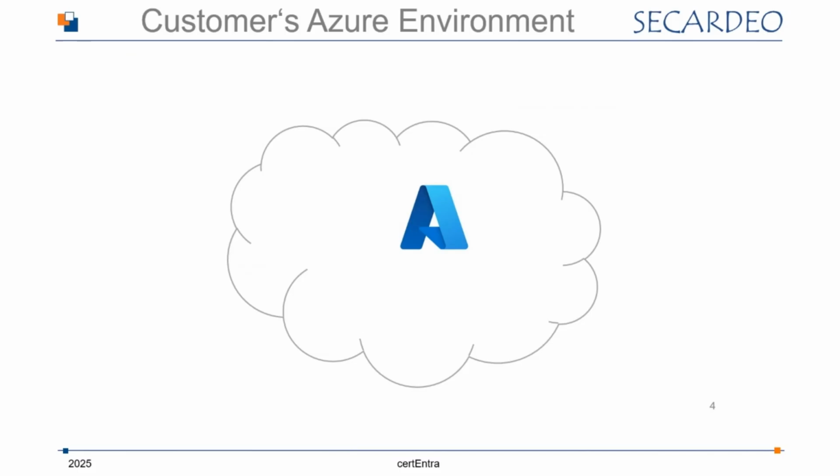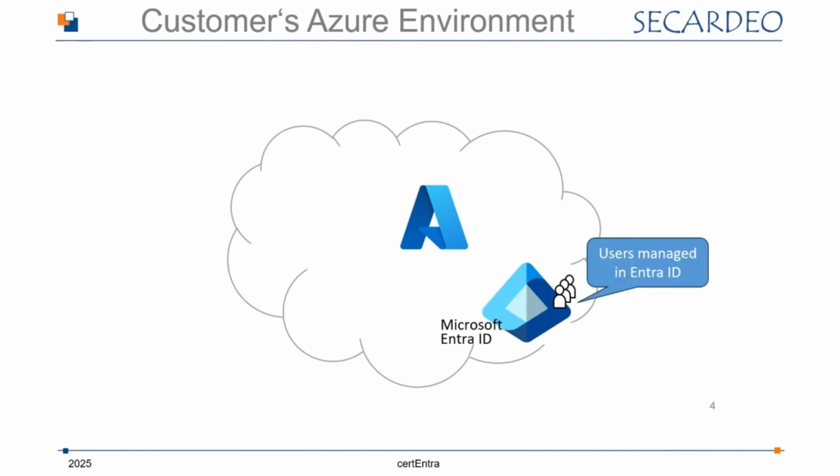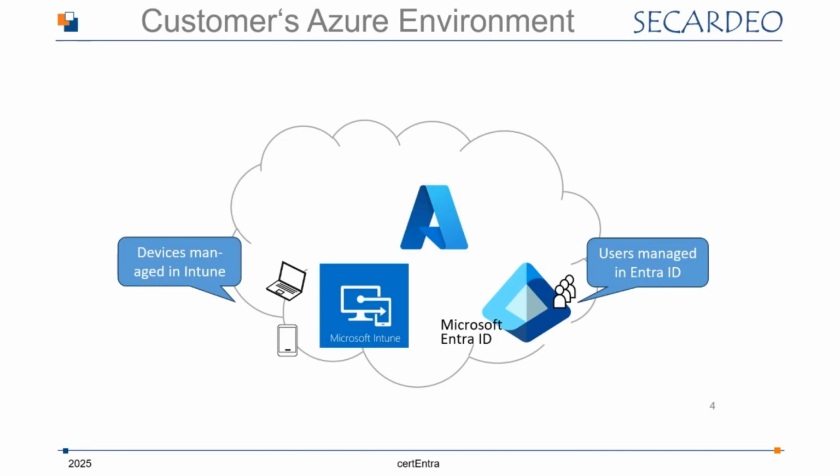So how does a typical Azure environment look like? You have Entra ID, where you have your users managed. Then you have Intune, where you manage your devices: Windows devices, Android, Apple devices.